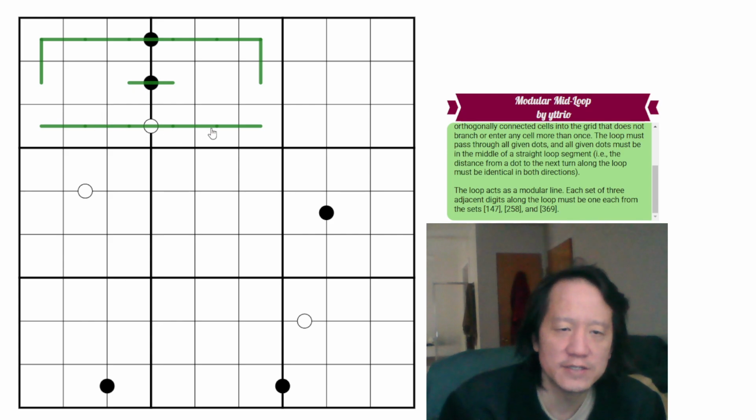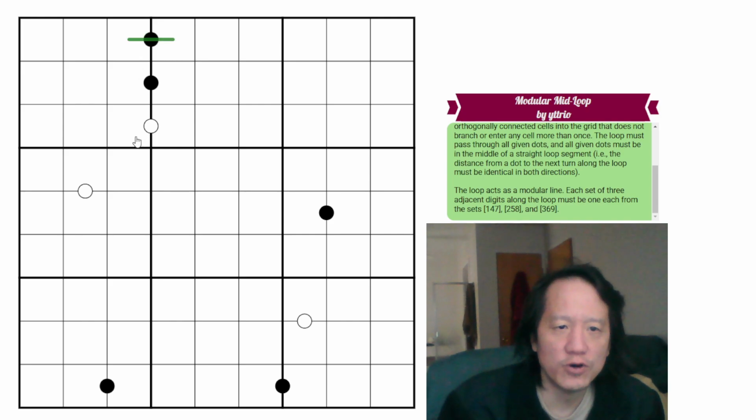It's blocked by essentially all of these, so it can't connect to the loop in any of these cells. And if it just connects to here, obviously it doesn't work. So it has to be a different length than the one above it, but then it still can't connect to the loop, right? It could only go down here, which means that it branches. So that doesn't work.